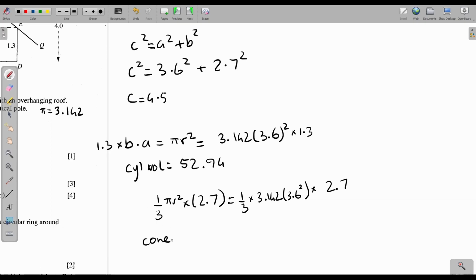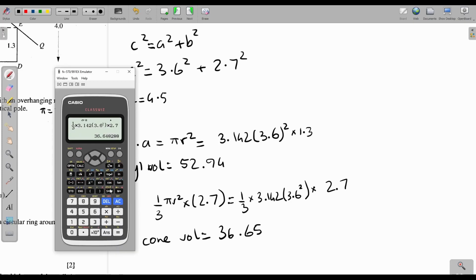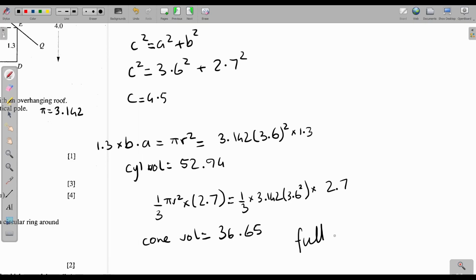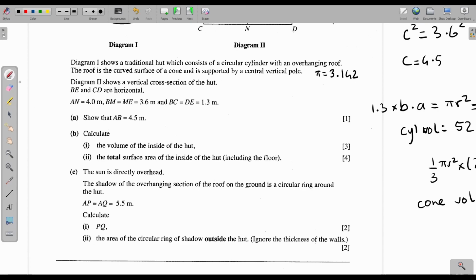So cone volume is equal to 36.65, and we can add both of these together. 36.65 plus 52.94 gives us 89.6. So full volume is going to be 89.6. That is the total volume of the hut, 89.6. I think we can say meter cubed.